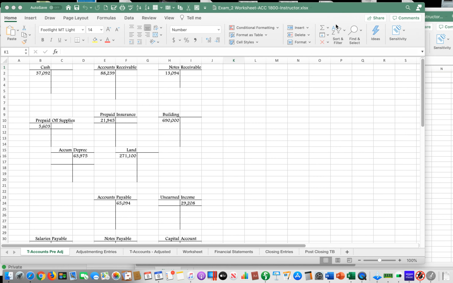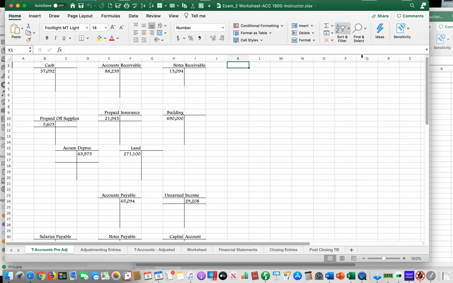What you see here is an Excel spreadsheet in which I have already, let's assume that the original journal entries have already been made. And now they've been posted to the T accounts. So, the cash balance is $37,092. This is accounts receivable. So, in other words, cash must have been debited for this amount.